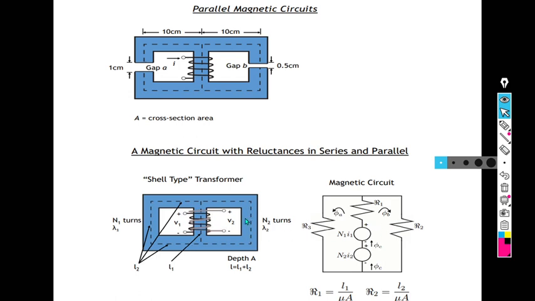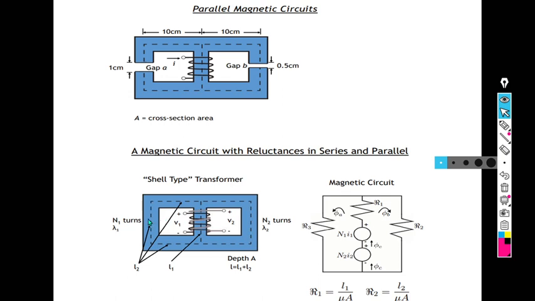If the length or area is different, then I can take another reluctance R2, R3. So this is a simple electrical equivalent circuit: two different coils with N1I1, N2I2, and the reluctances of the central limb R1 and the outer limbs R2 and R3.